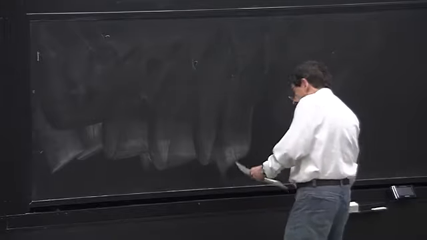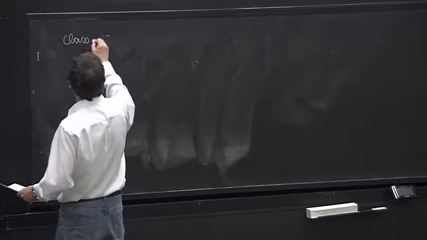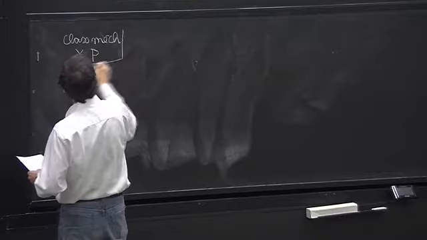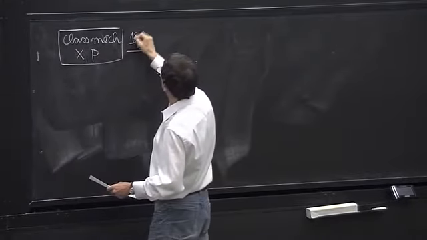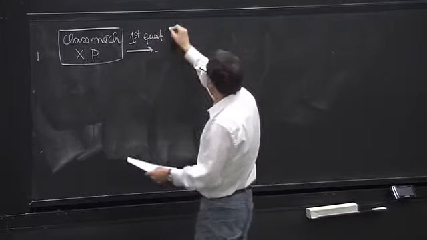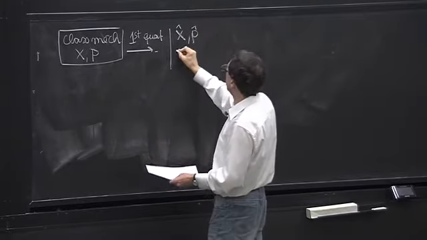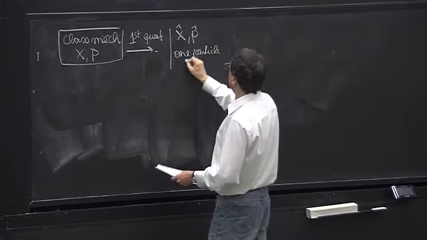So I'll say it in a way with boxes, what people usually say here, which is a nice thing. That you begin with classical mechanics of x's and p's. And you do first quantization. And what do you get? X hat operators, p hat operators, and one particle states.